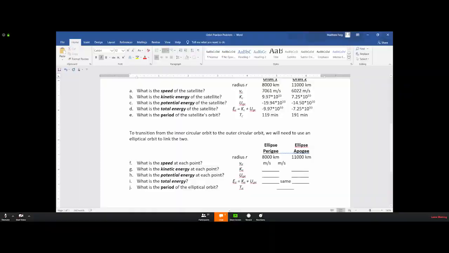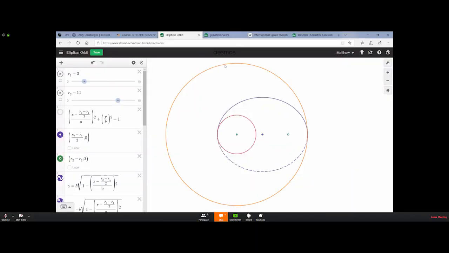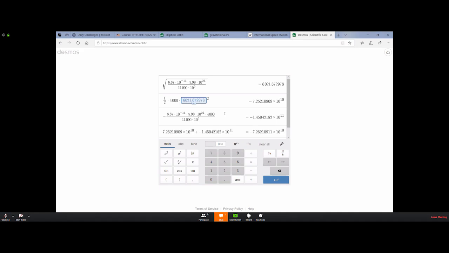All right. And I'm just going to do this on the Desmos calculator. I think I'm just going to start with this. I'm going to grab that whole formula as a starting point, and I'm going to clear all.